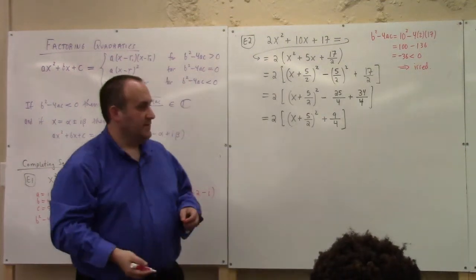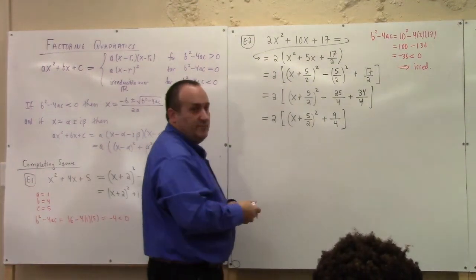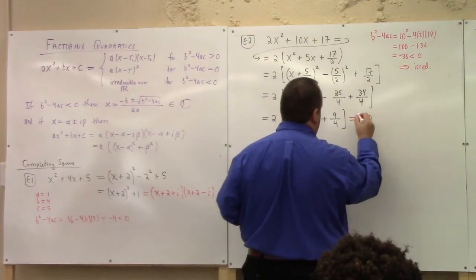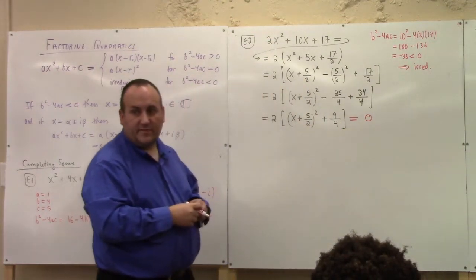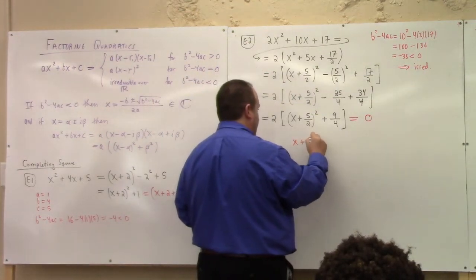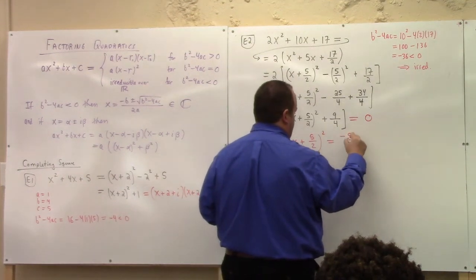However, look, completing the square is not without merit. What if you ask a separate question? What are the complex solutions? If I set this equal to 0, what are the solutions? Well, x plus 5 over 2 squared equals minus 9 over 4.